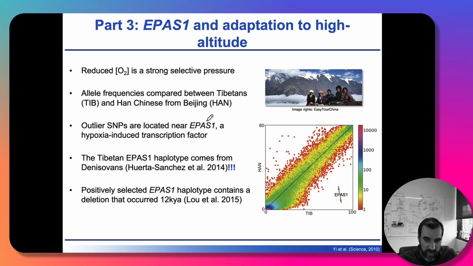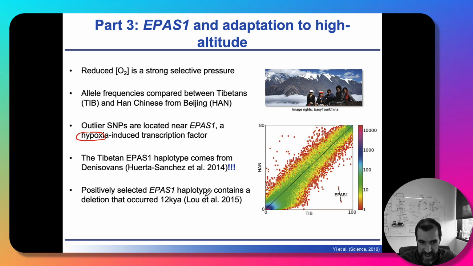Like if you're normally found in a place that has normal oxygen, you still have this pathway that's able to handle lower levels of oxygen, which is what hypoxia means. And so you increase this pathway during normal life as a way to handle living at higher environments.